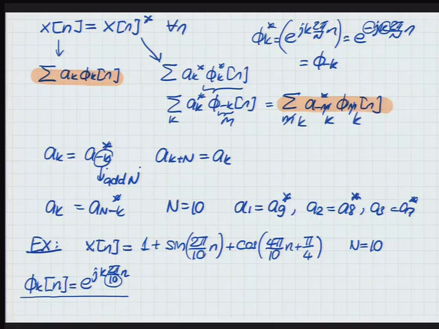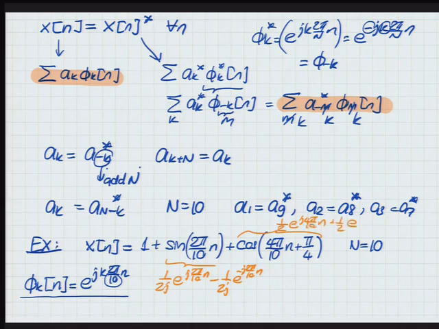Simply remember that I can write this as 1 over 2j, e to the j, 2 pi over 10 n, minus 1 over 2j, e to the negative j, 2 pi over 10 n. Similarly, this is 1/2 e to the j, 4 pi over 10 n, plus 1/2 e to the negative j, 4 pi over 10 n.